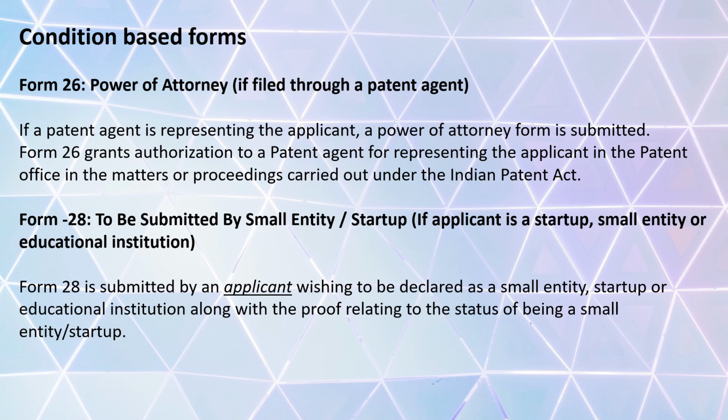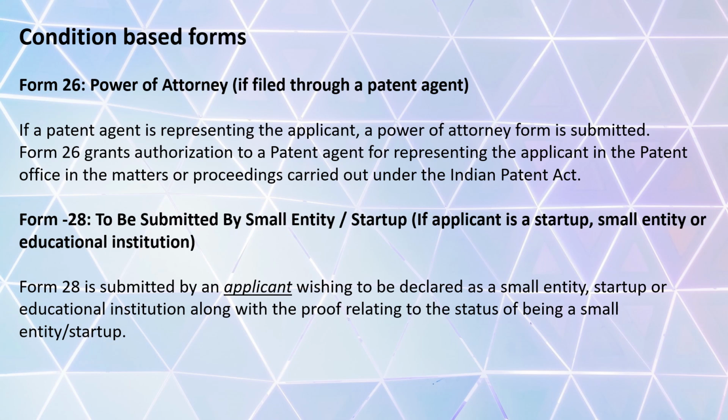So if you fall under this category, then obviously you can take the advantages that the patent office has provided, and for that you have to prove to the patent office that you fall under this category. How you will do that is you will file a form 28, and along with that you will submit a proof.